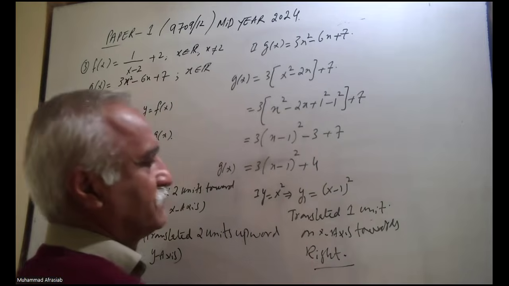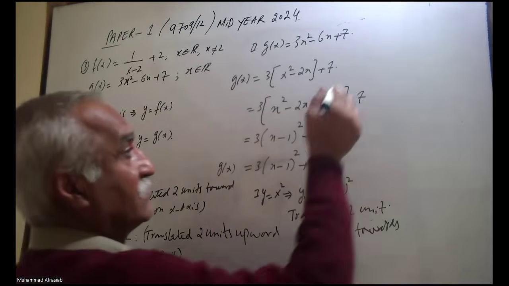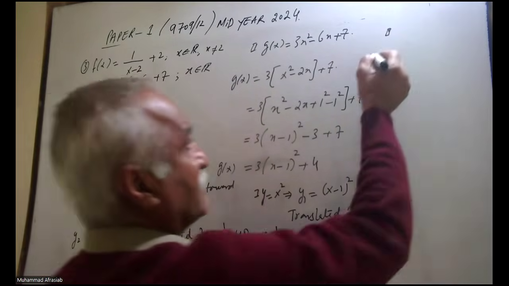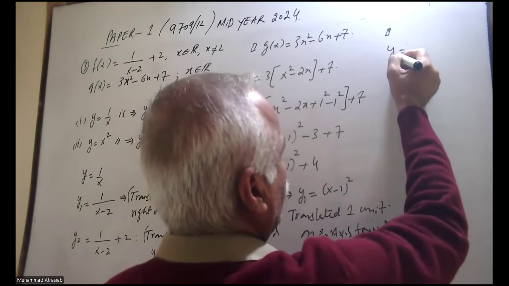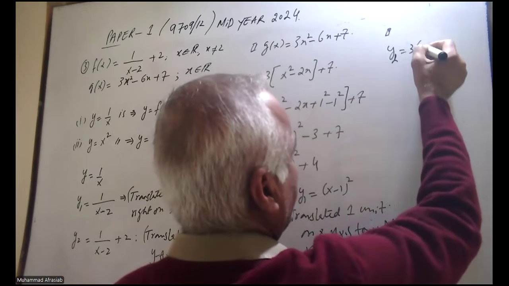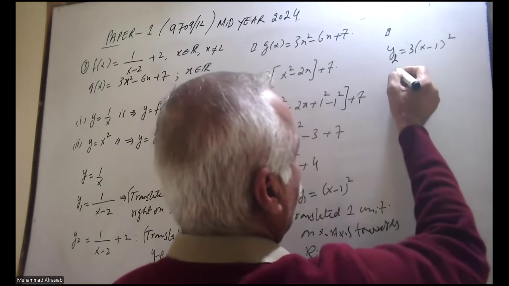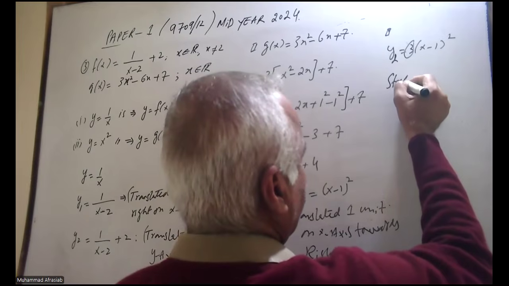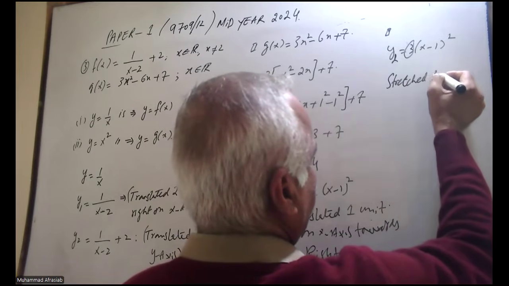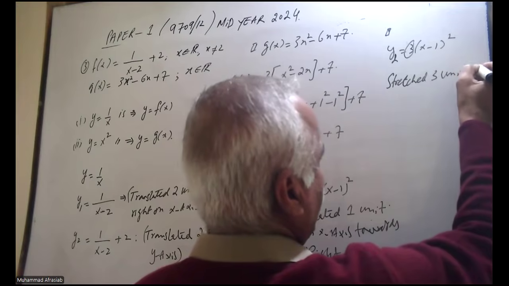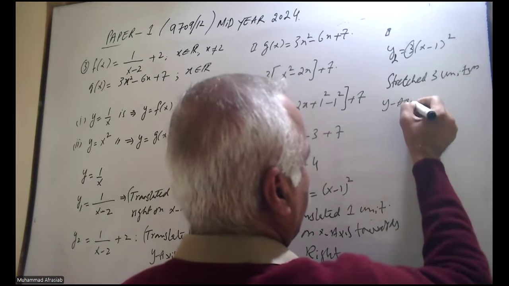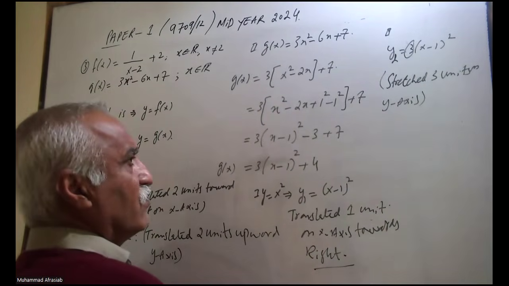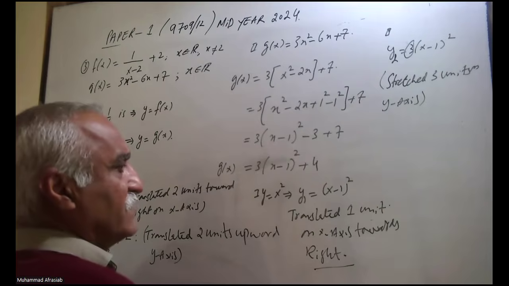Then second, it is 3 times of this. Let's say y2, we write it as 3 times x minus 1 square. So this is 3 units on the y-axis, because it is stretched 3 times on the y-axis.